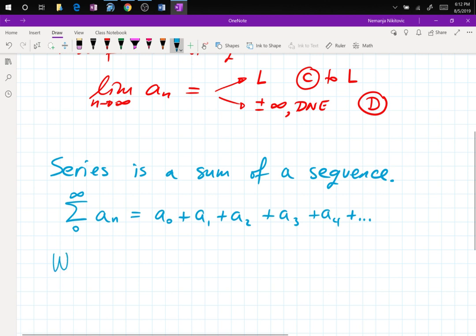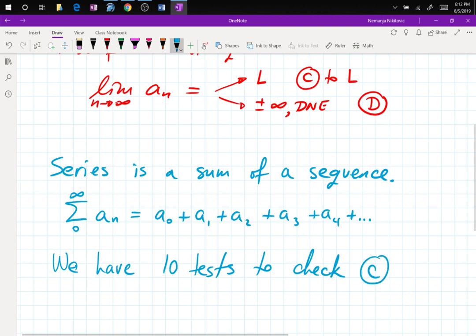And now we have 10 tests to check convergence or divergence.